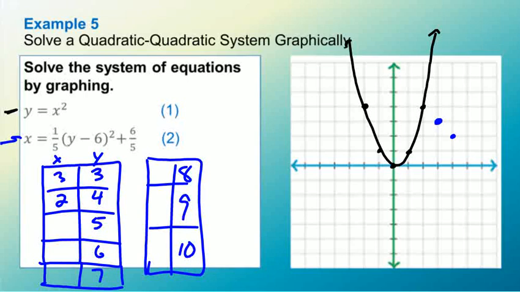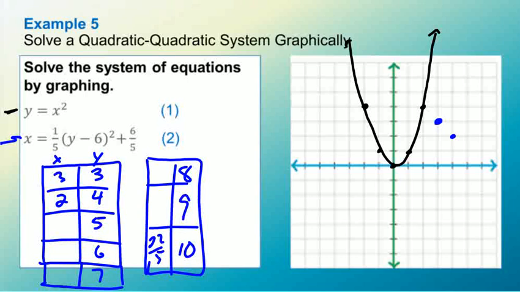If y is 10, we have 10 minus 6 is 4. 4 squared is 16. 16 divided by 5 is 16/5 plus 6/5 gives us 22/5 or 4.4. So 22/5. Let's do a 9.